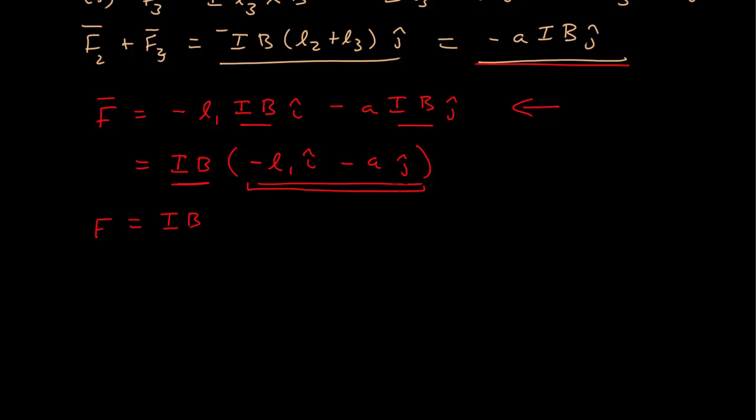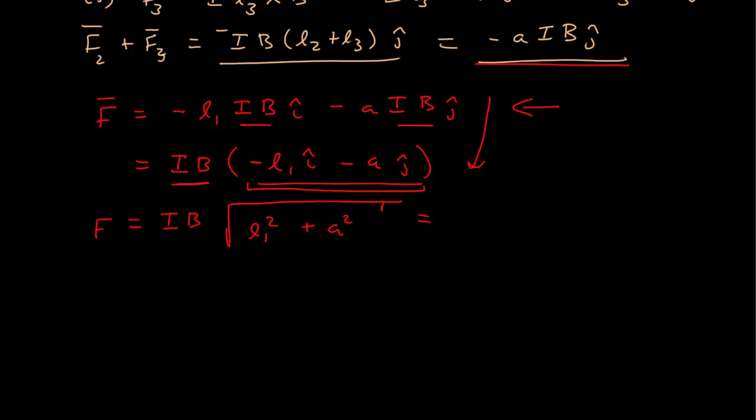And the magnitude of this vector is just the square root of L1 squared plus A squared. You see, by keeping it in terms of symbols instead of plugging in numbers, now I get a much simpler expression. I have to plug fewer numbers into my calculator, less chance of calculator error.